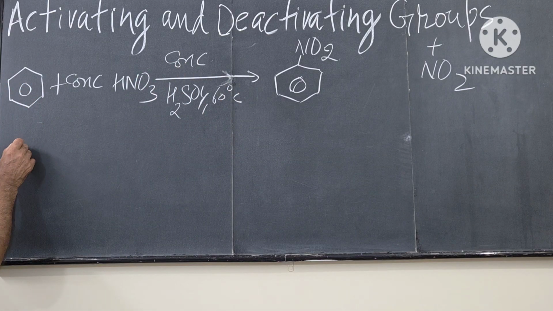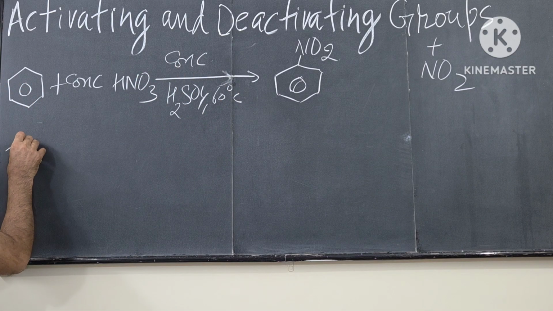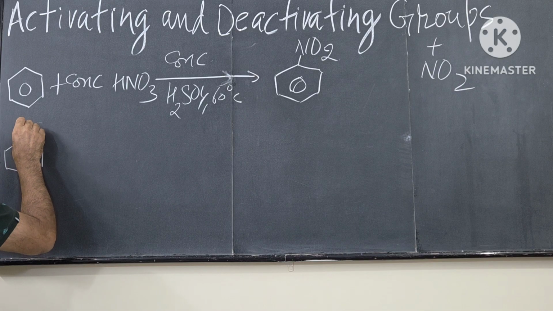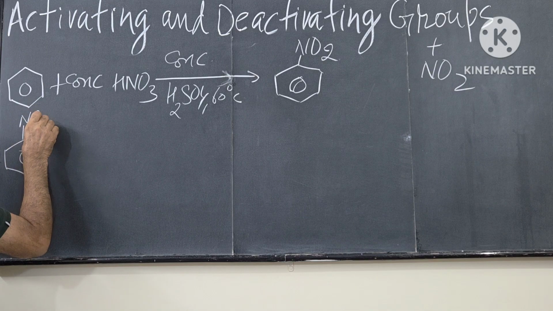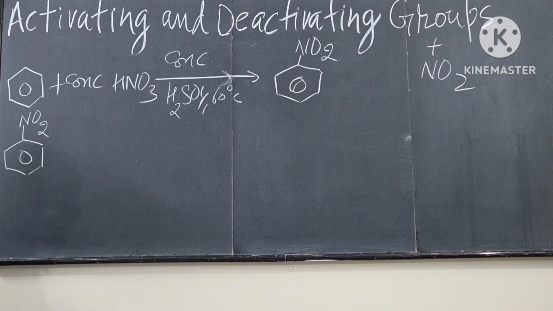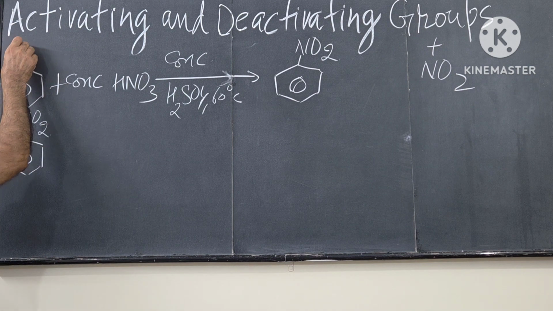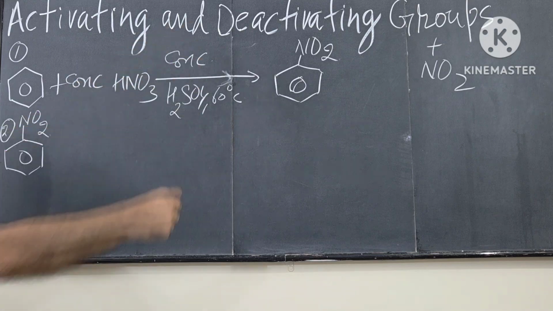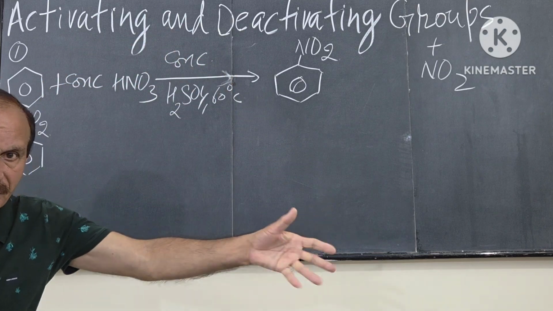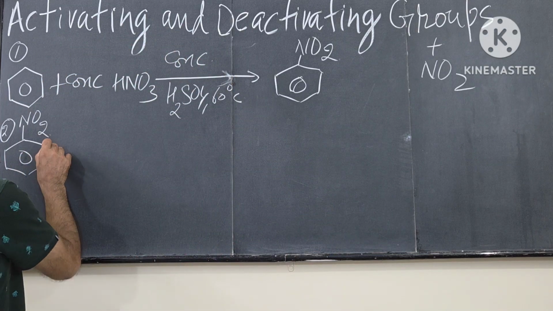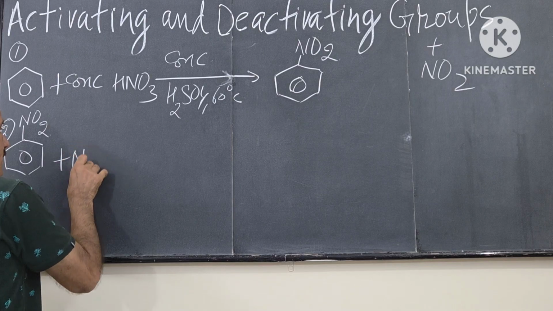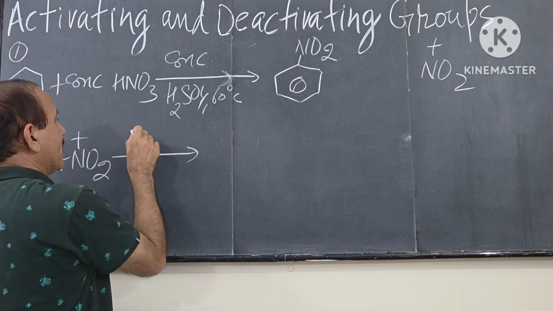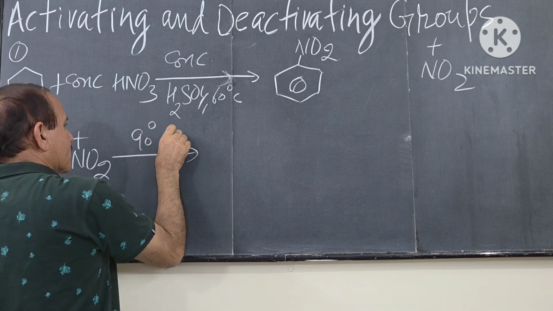Now we have the nitrobenzene. We carry out the nitration of nitrobenzene further. Reaction 2: same nitrating mixture, but the temperature here is 90 degrees Celsius.